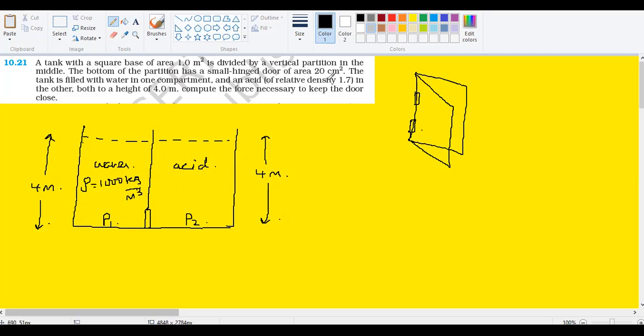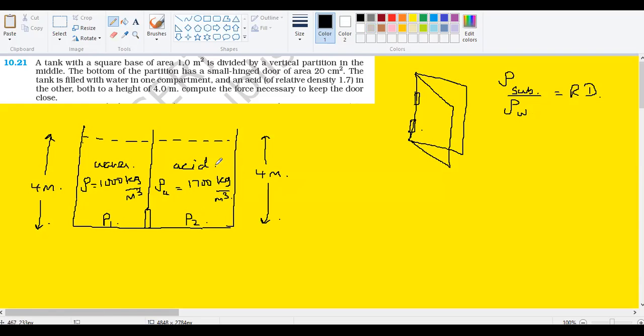This side they said the relative density is 1.7, which means by this time you should know that its density should be 1700 kg per meter cube. Anybody not knowing that should go back to your basics. Rho substance divided by rho water will give me the relative density. So 1.7 into 1000 will give me 1700. Nothing very difficult there.